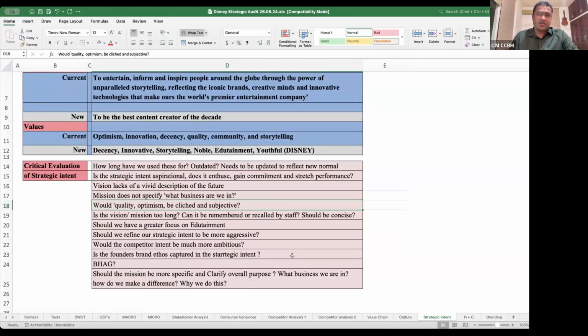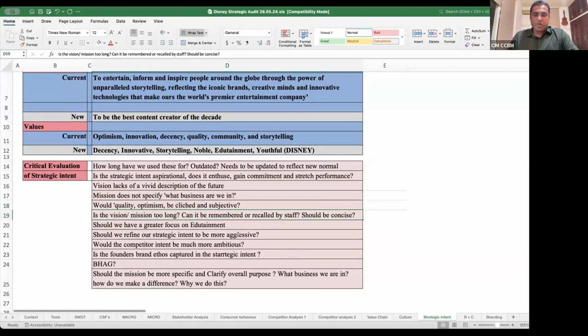When you say our value is to deliver quality, as opposed to what? Even words like optimism are not very strong because they can be relative to what? So I'm saying it's very cliched and subjective, and you need to relook at that.